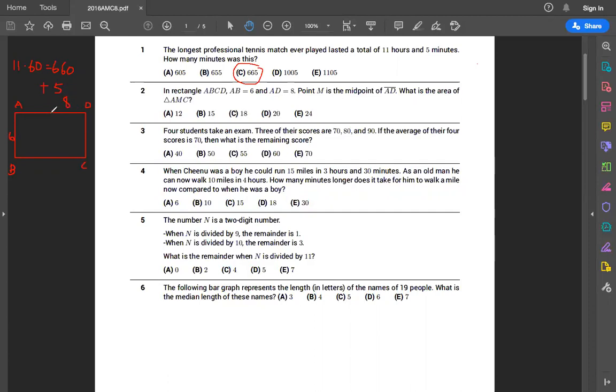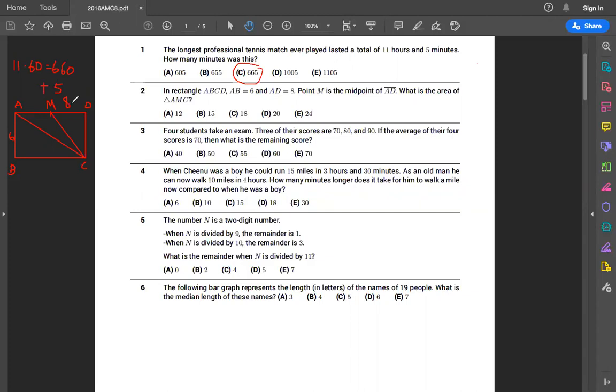And we're told M is the midpoint of AD, and we want to know the area of AMC. So that would be a triangle like that. To find the area of this triangle, we'll use base times height divided by 2.